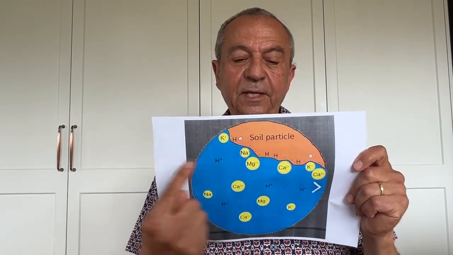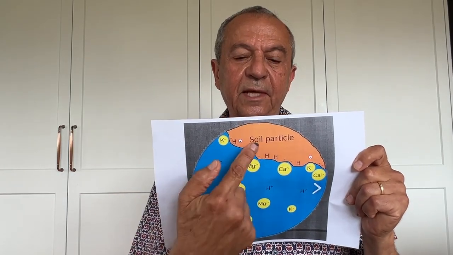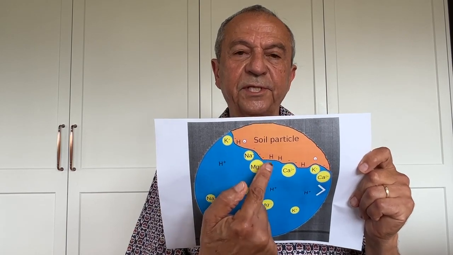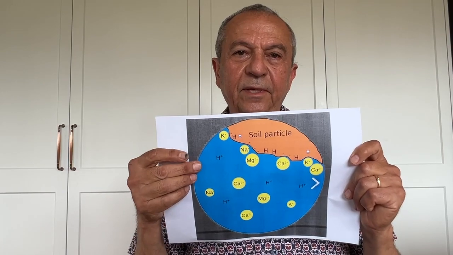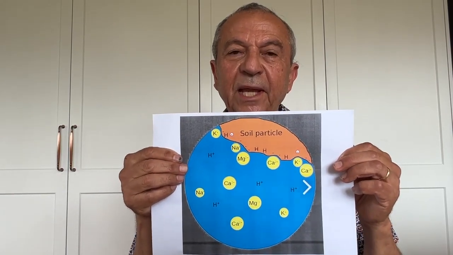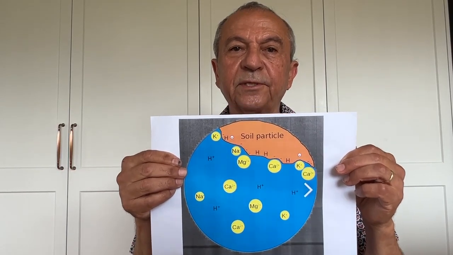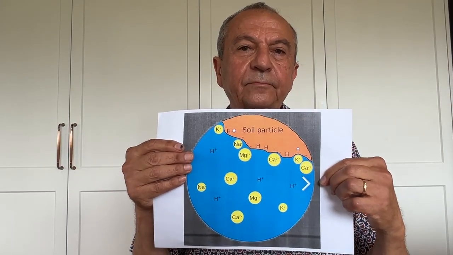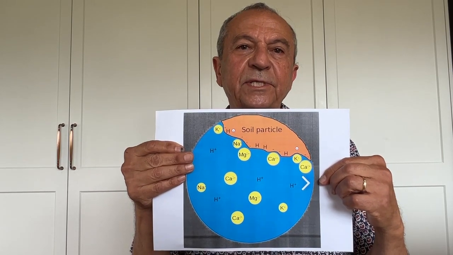So let's say the root will take this magnesium here, and this site becomes vacant. Well, this calcium can come and jump and take it. So once it's there, it's there. You know, you can't get rid of it. So that's a very important feature that explains the ability of soils to hold nutrients. Now, organic matter has the same feature, but there are problems, again, with organic matter, as we shall talk about later on.